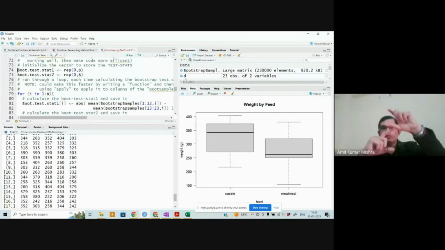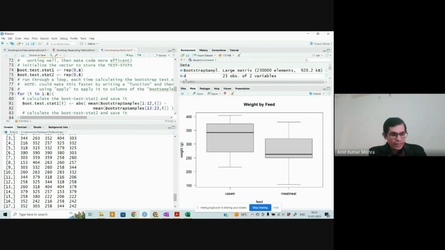So the first 12 will have a mean, and the second part of 11 will have a mean. We will find the difference of these two means, in a single column of this data, first 12 and last 11, that we are taking. And we will find the difference of the means for each column.